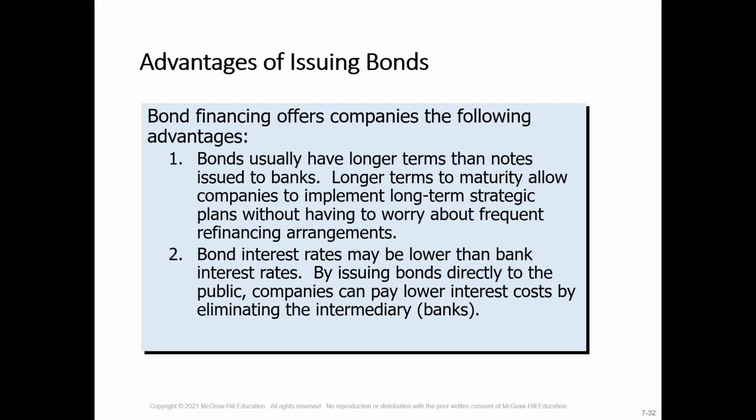And you don't have to deal with an intermediary if you have a company that can issue bonds directly to the public. If you offer bonds through a brokerage house, yeah, there's going to be a fee to pay, but it might be less than what the bank asks.